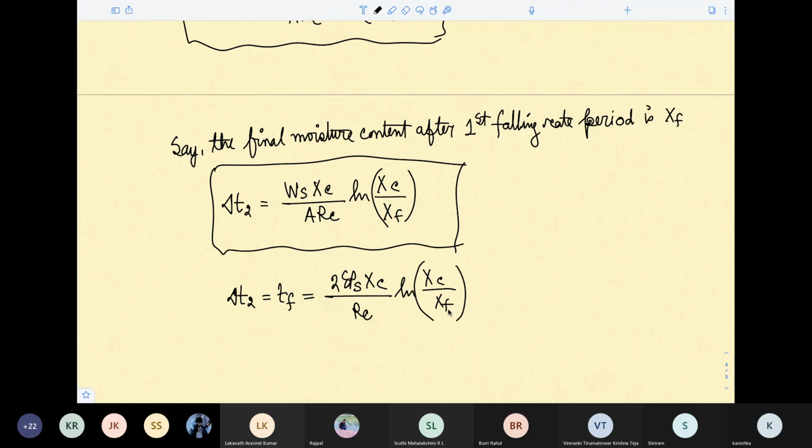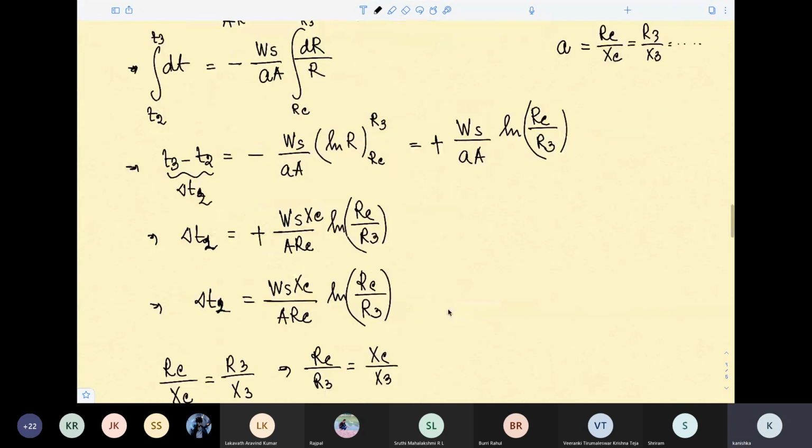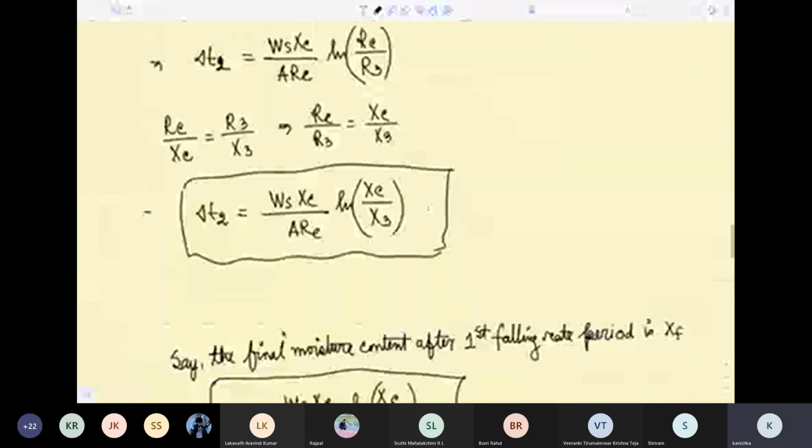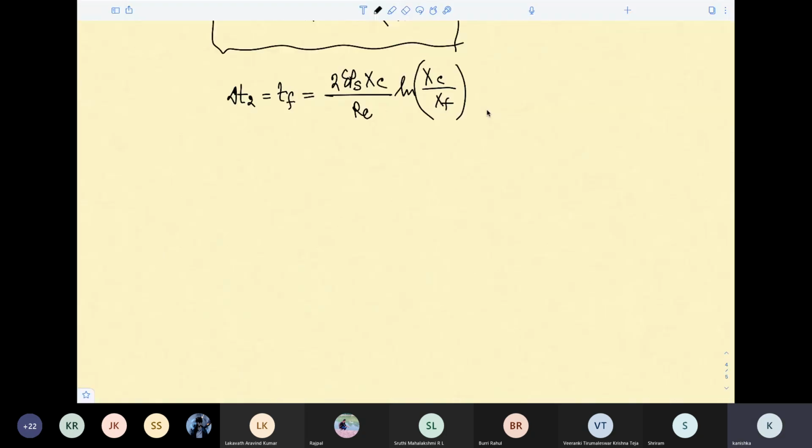So initially we had time for the constant rate TC, and we have also TF. All right. So total drying time T equals TC plus TF.